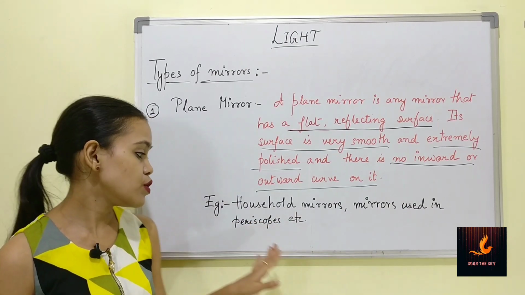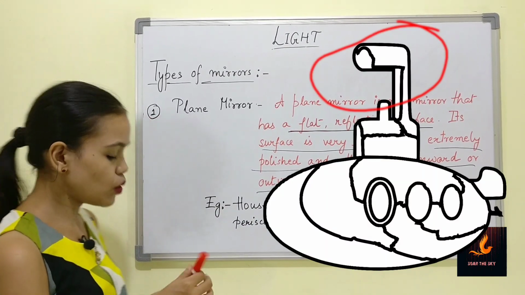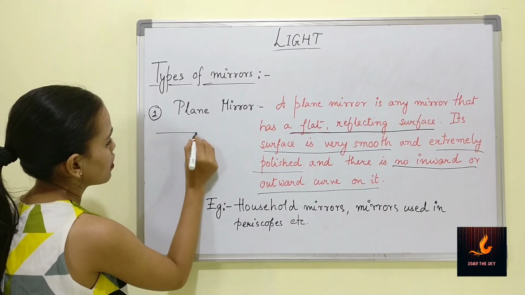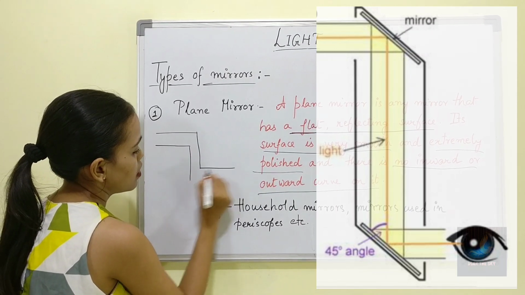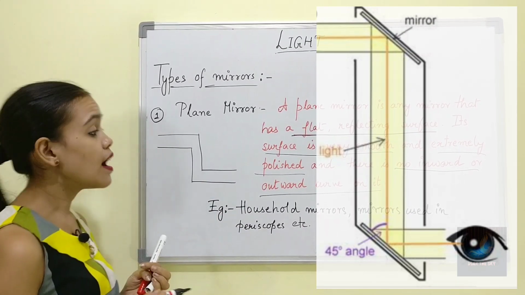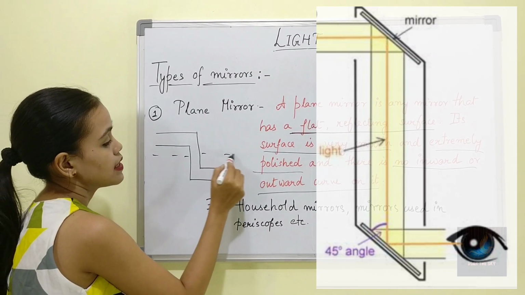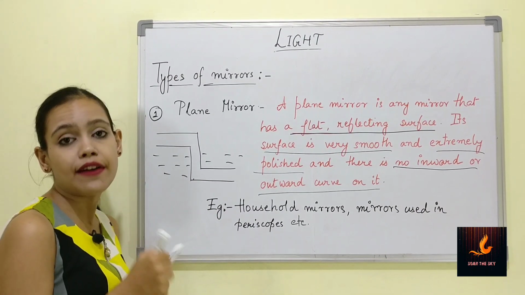Also the mirrors used in a periscope. What is a periscope? Periscopes look somewhat like this. These are used when somebody is below the sea and wants to look upwards to see what is there on the surface.